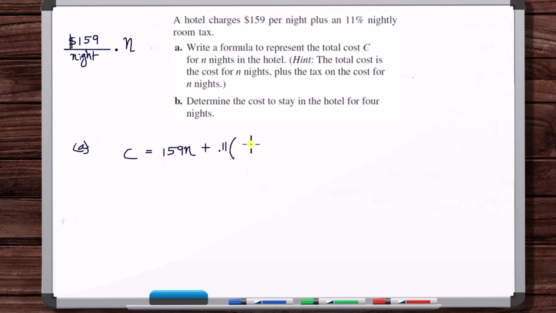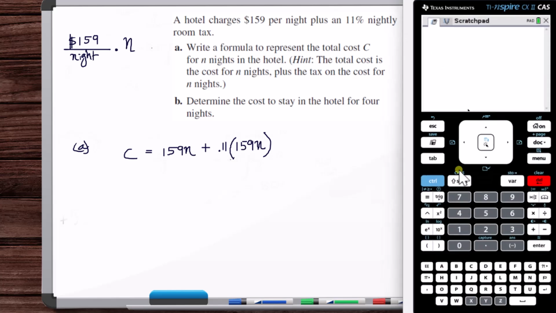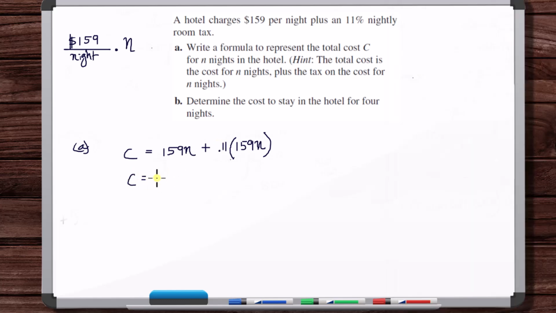So we're multiplying times 159 N. Okay, so we have 0.11 times 159, and now add to that 159. So 176.49 N. That's the total cost for N nights.